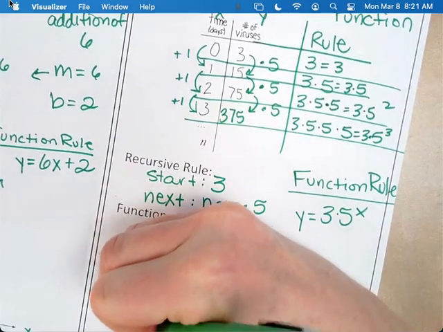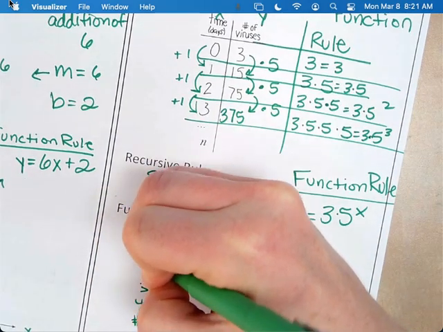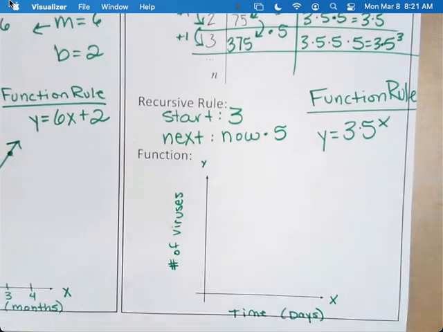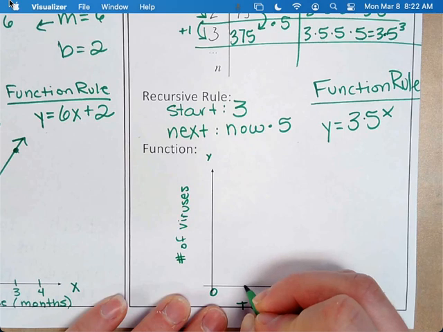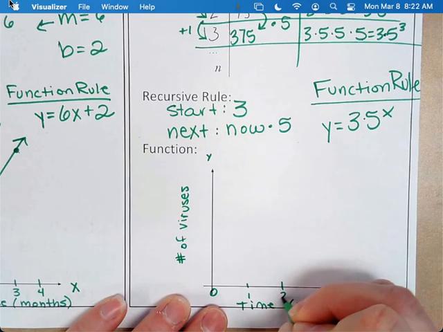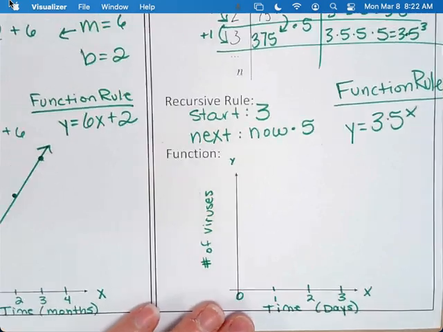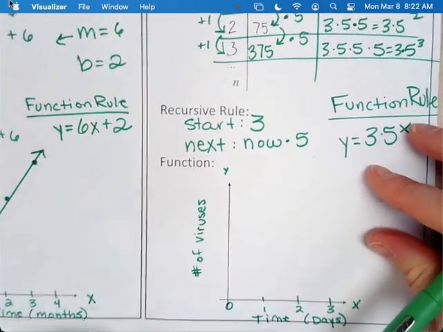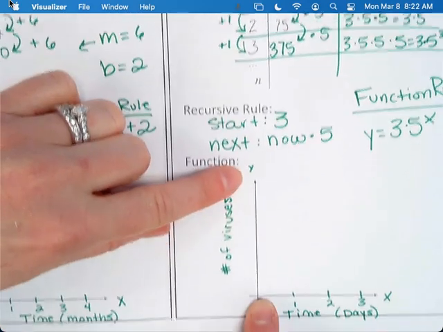Yeah. So days, we only need to go up to 3. 1, 2, 3. So now is the tricky part because we got to get from 0 to 375 here.